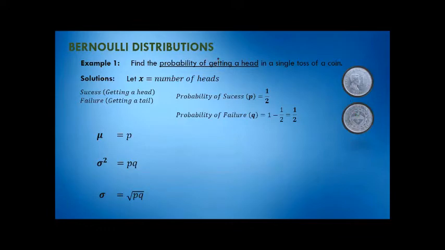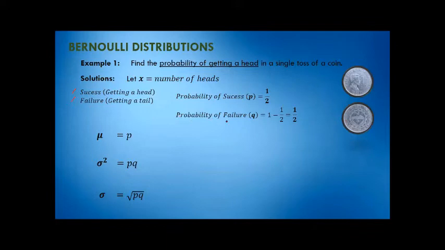So since ang pinapakuha is getting a head, yan yung magiging success. At kung pag nakuha mo naman ang tail, that is the failure. The probability of success is denoted by P. The answer is 1/2. Kasi isang beses lang mag-a-appear yung head sa tossing of coin. Kaya 1 out of 2.